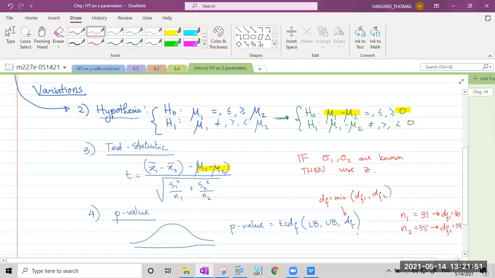So when we use our degree of freedom, we choose the smaller one, the smaller of those two degrees of freedom. That's what we will do next week, when we apply hypothesis testing on two population means, independent case.